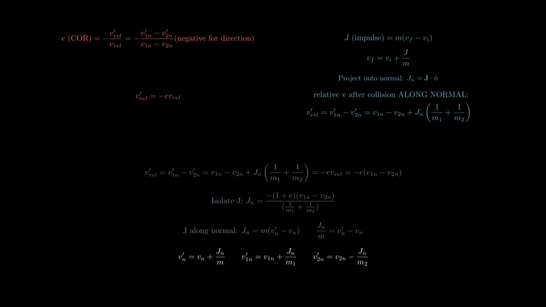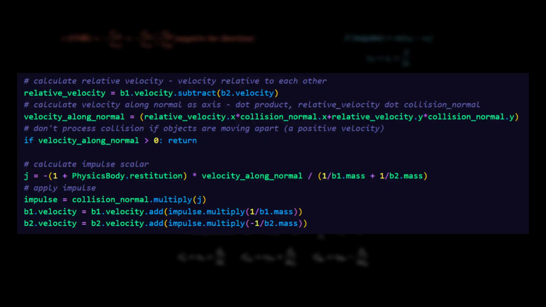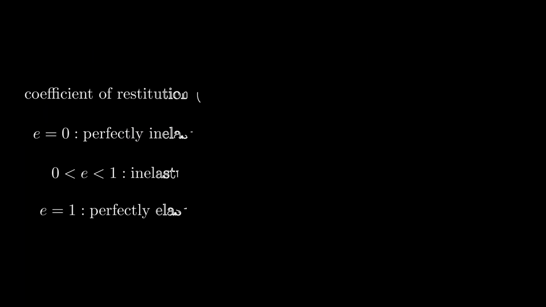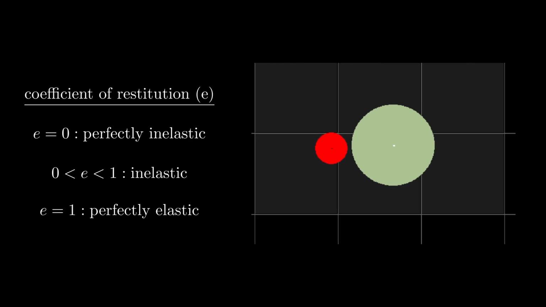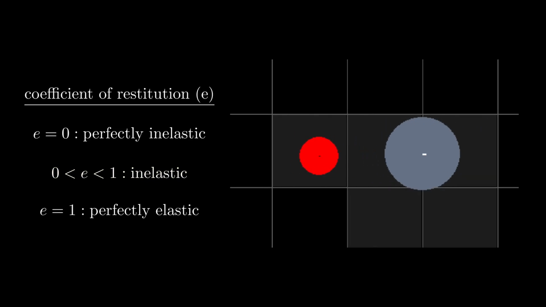Bounciness is controlled through a predetermined coefficient of restitution, since elasticity can be simulated by determining final velocities from the initial ones. Following real-world physics principles, when the coefficient of restitution is equal to 0, that's a perfectly inelastic collision. When between 0 and 1, an inelastic collision.